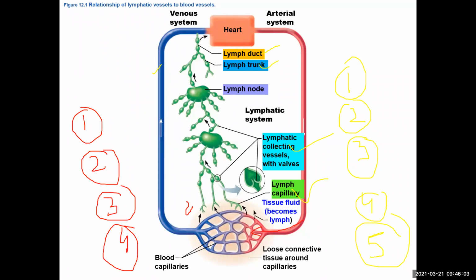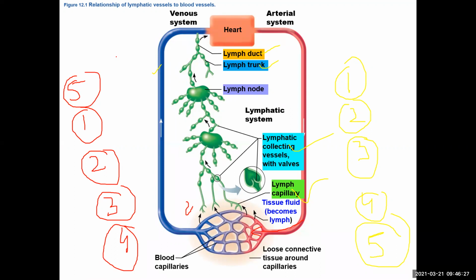One more thing we forgot about lymphatic capillaries: nobody said anything about the valves. Do we have valves in lymphatic capillaries? Yes, nobody said this point. There are no valves in the blood capillaries, but we do have valves in the lymphatic capillaries, right?